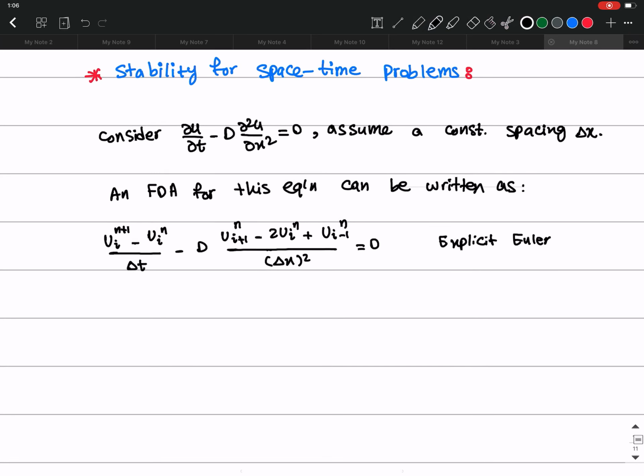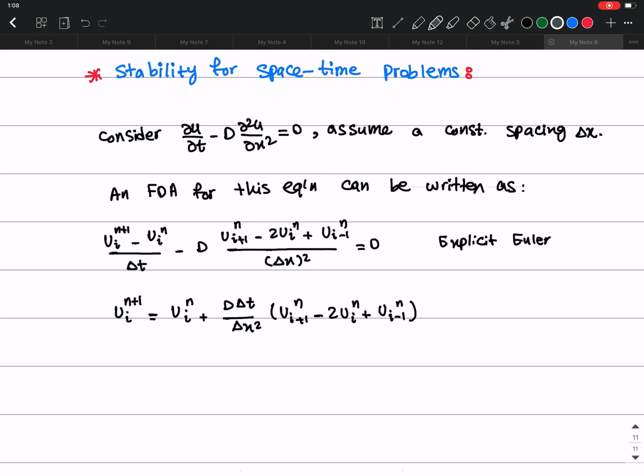So I can rearrange these terms and write u_i^(n+1), the value of u_i at the new time step, equals u_i^n plus d delta t over delta x square times (u_(i+1)^n minus 2 u_i^n plus u_(i-1)^n), all of them at the previous time step, okay?